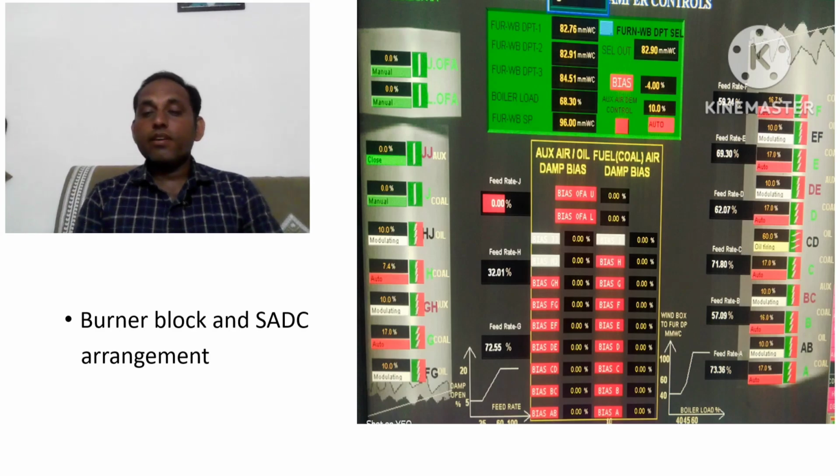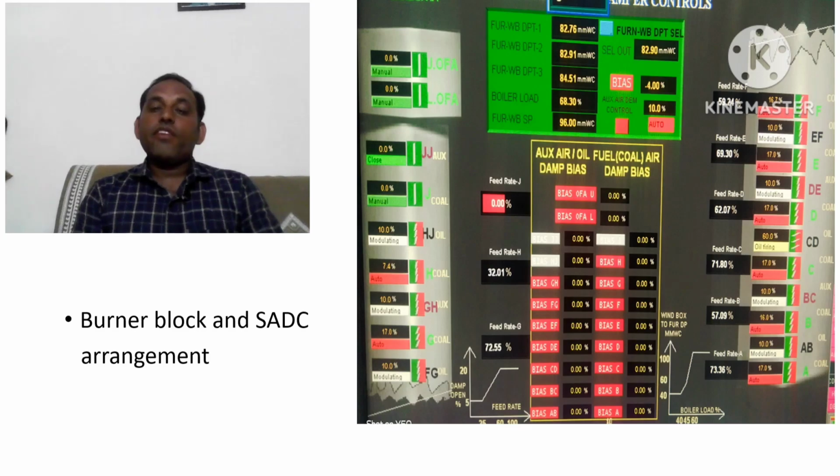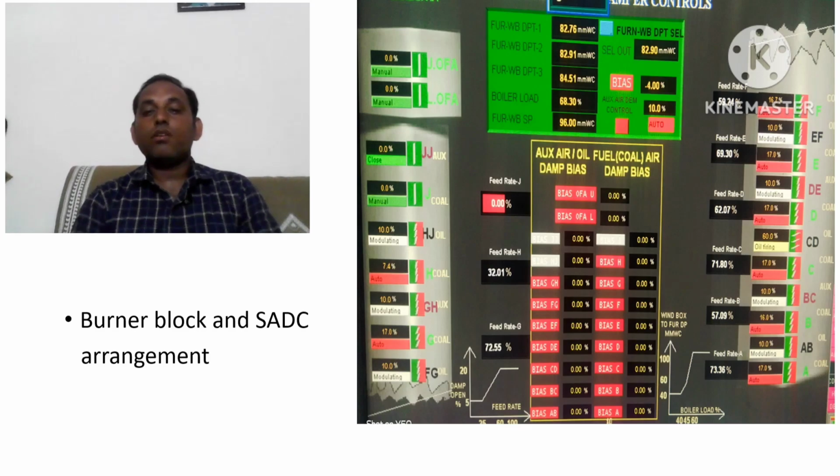Flame scanners are also provided here to supervise the flame condition inside the boiler. These elevations are AB, BC, CD, DE, EF, FG, GH and HG. Flame scanners sense the flame intensity and send the signal to the furnace safeguard supervisory system.